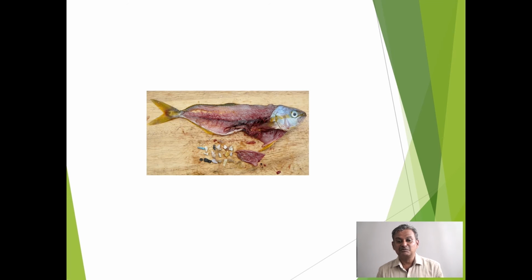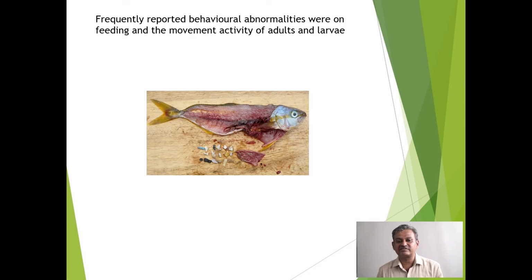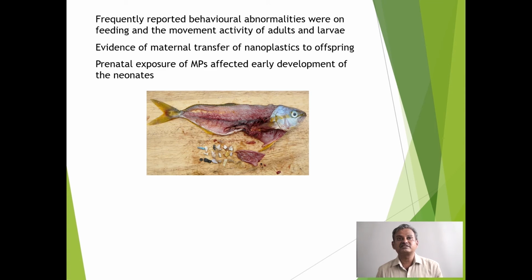Experiments have demonstrated different degrees of toxicological and pathological effects observed in freshwater fishes. Behavioral abnormalities in terms of feeding and movement of adults and larvae, as well as in the reproduction of adults. There is evidence of mother and offspring transfer of nanoplastics, and the parental exposure to microplastics affected early development of the neonates.